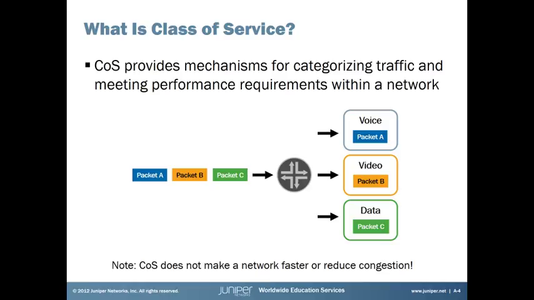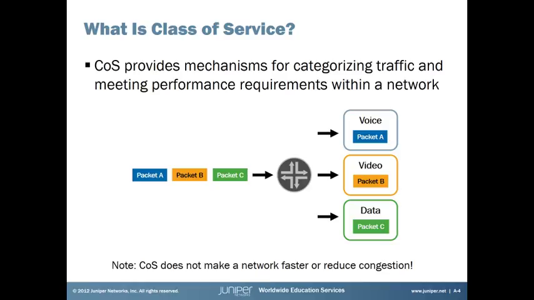If you're having a video conference and you start losing video packets, you will notice a drop in the quality of the video. So congestion affects the user experience in different ways depending on the type of traffic that's being transmitted or that the user is actually consuming.